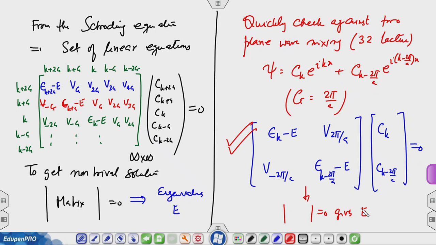You diagonalize the matrix. In other words, you take the determinant of the matrix to be 0, and that gives you the eigenvalues for each k, and the coefficients then lead to the wave function. That is the whole thing. Now, this I will use to prove rigorously the Bloch's theorem.